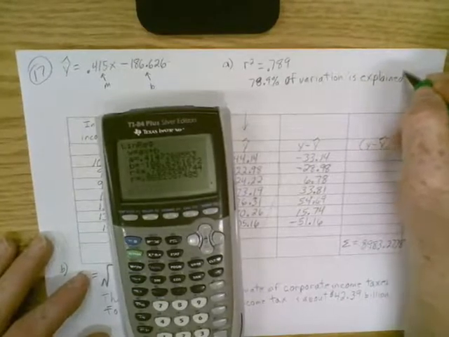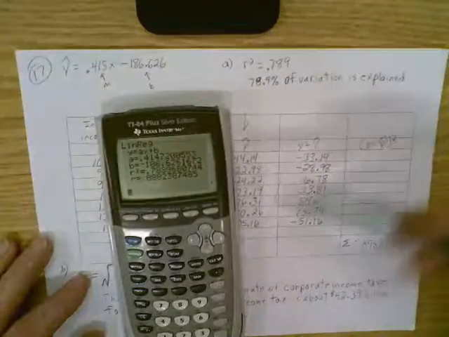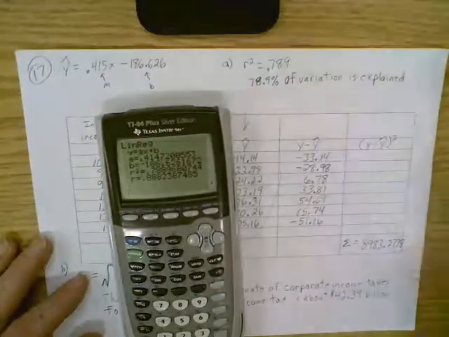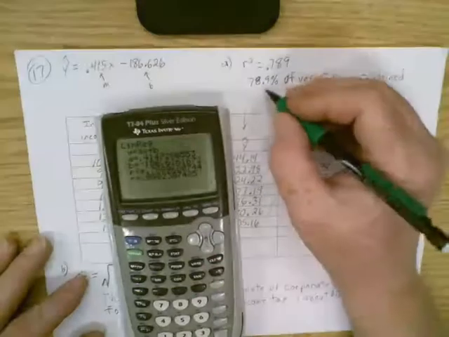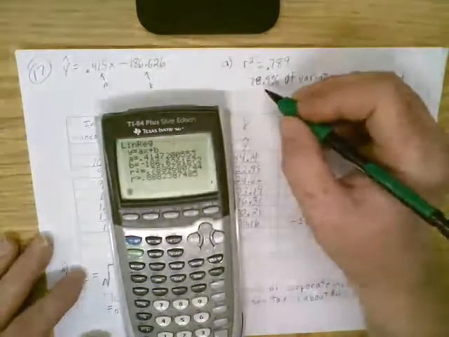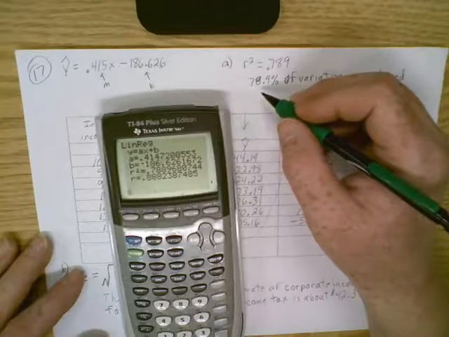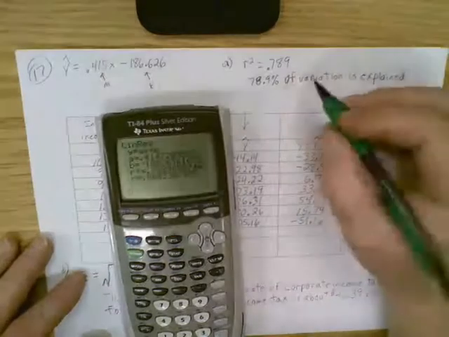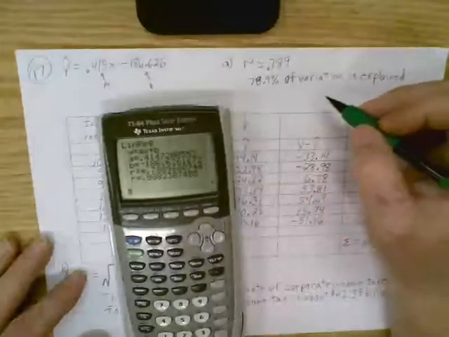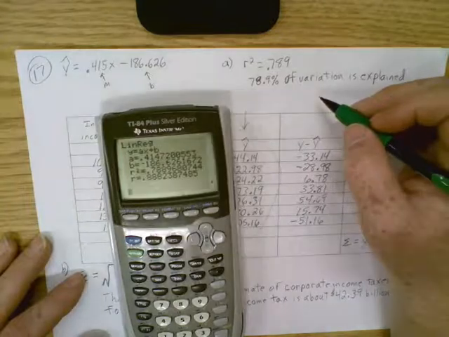And again, I'm not writing this out. About 78.9% of the variation between the predicted and so on can be explained. And then if 78.9% can be explained, then we subtract that from 100, and we get about 20.1. 20 is it?